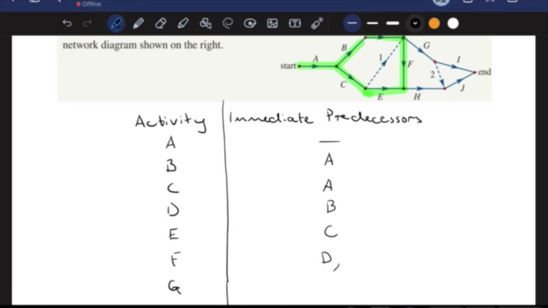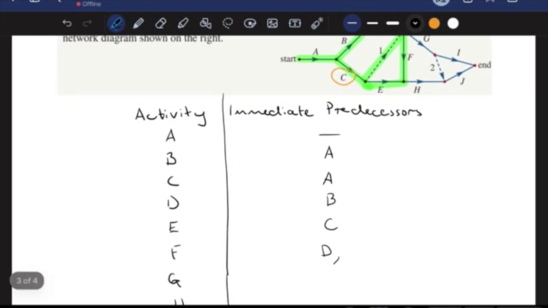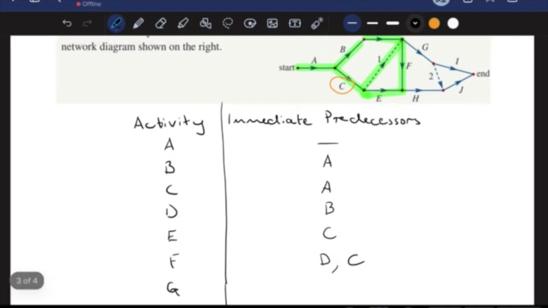But because of this dummy activity, this links the previous vertex right before activity E down to F. The thing before that was my C. We go C down here, then the dummy activity, then down to F. So not only is D an immediate predecessor to F, but C is also.